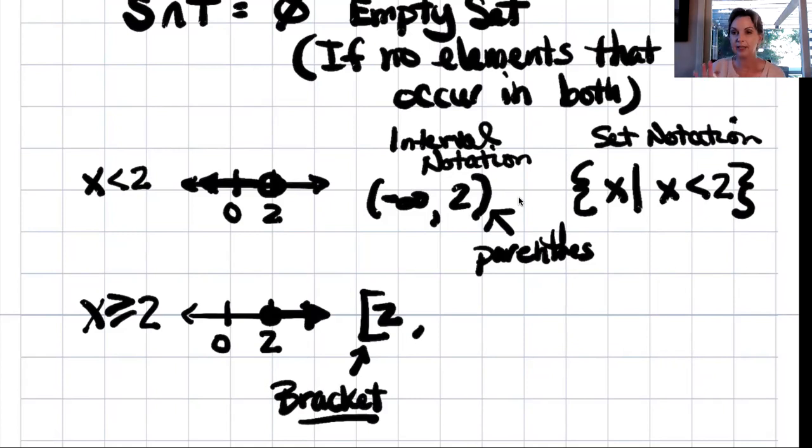Okay, and then it just goes on for infinity to the right, right? So infinity. And then infinity, you can't ever actually equal infinity, so it's a parenthesis. It almost looks like a bracket the way I drew it, parenthesis. Okay, so set notation, all x such that x is greater than or equal to 2.